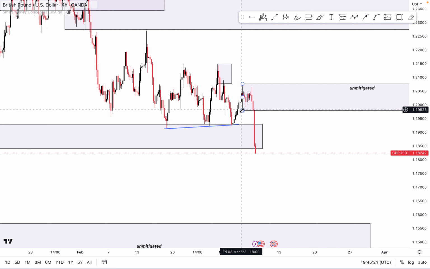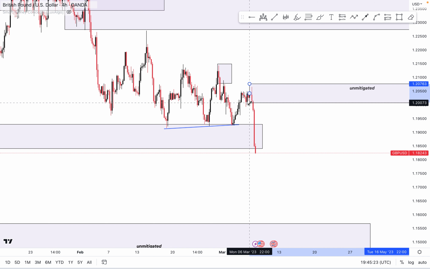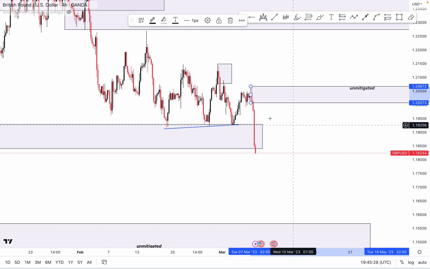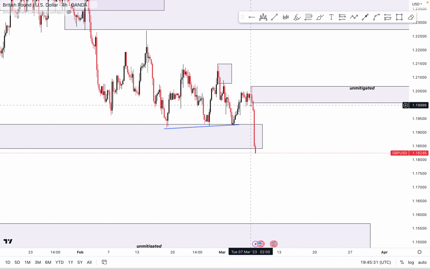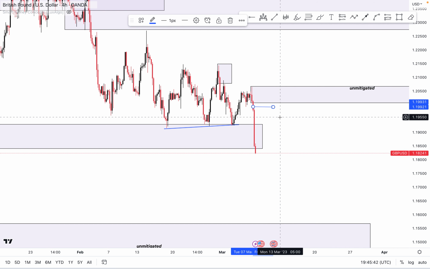So we refine here to catch that imbalance. Imbalance is an area where we have a gap between where the market gave us an impulse. So this area here, we'll call it an imbalance. We call here a fair value gap, or imbalance, or inefficiency.